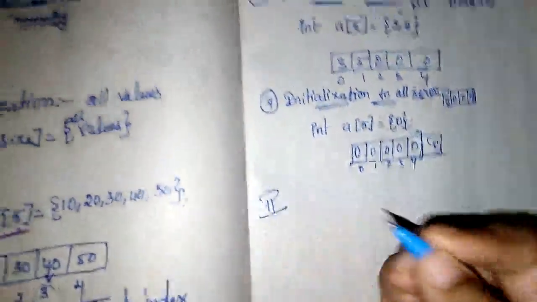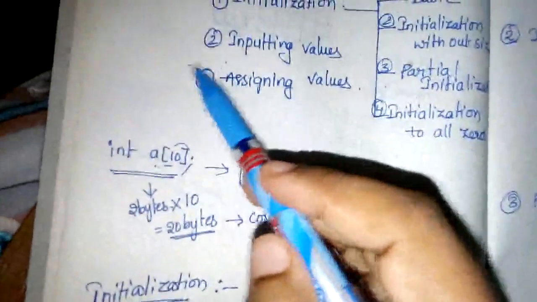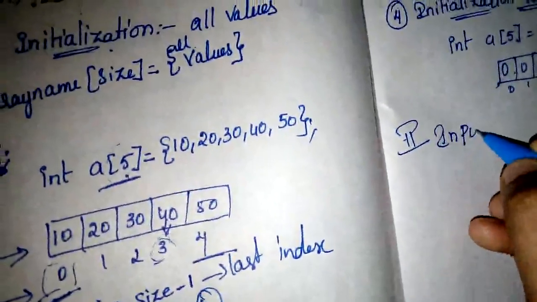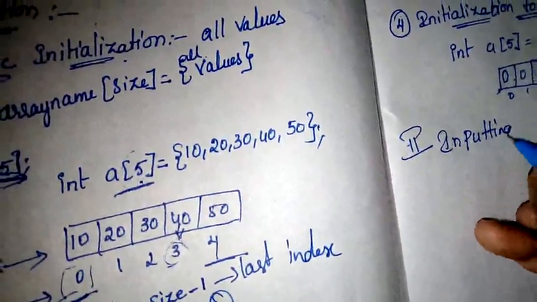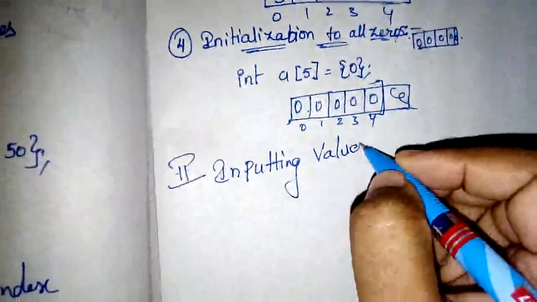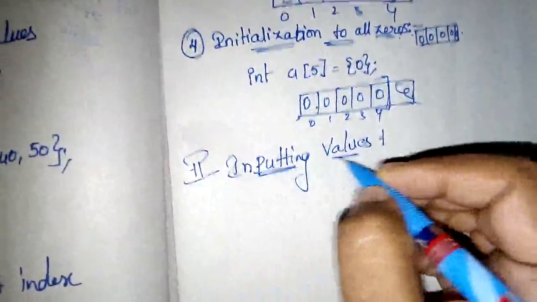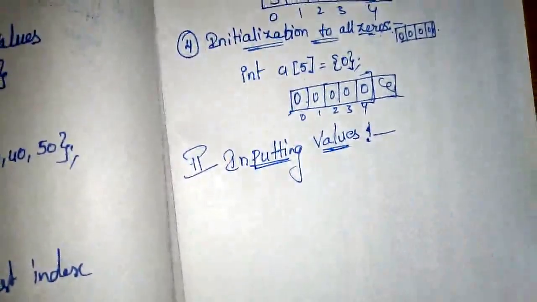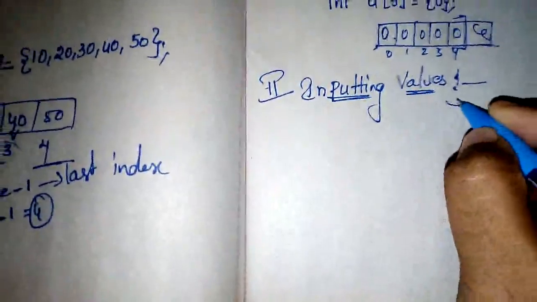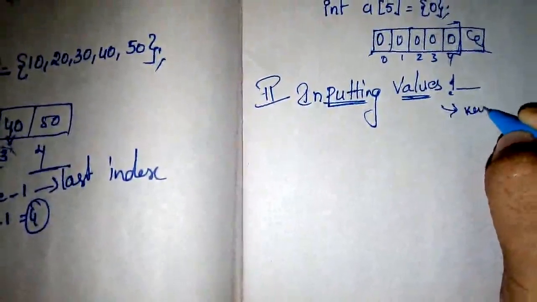So now we have the second method, that is inputting values to the array. This method involves taking values from the keyboard.